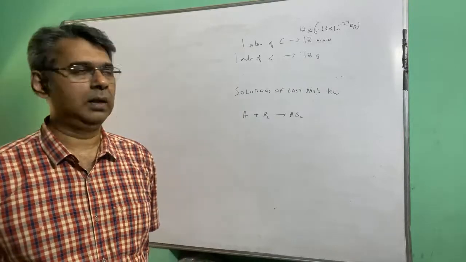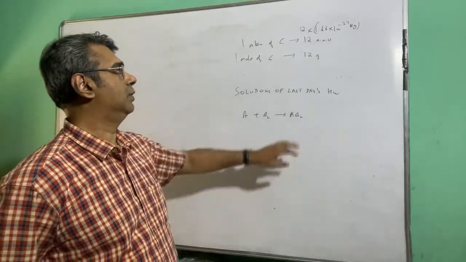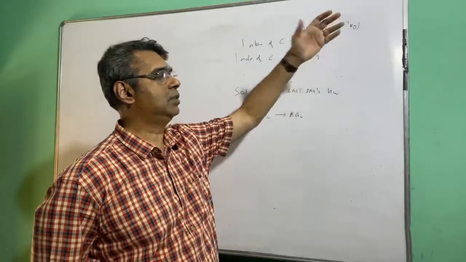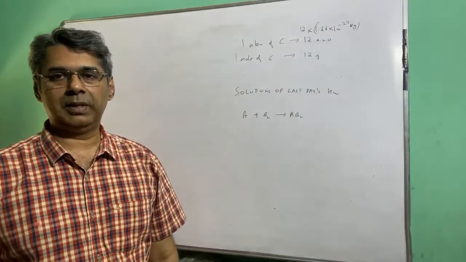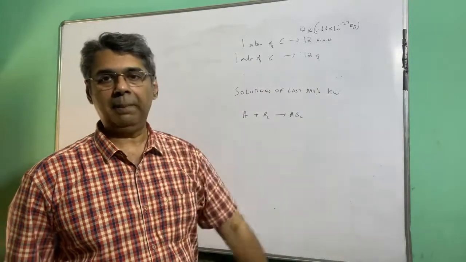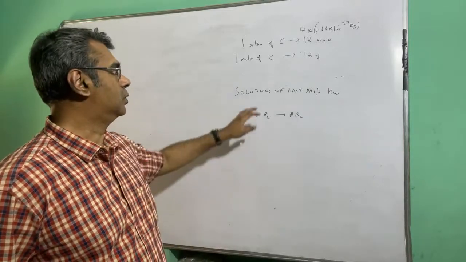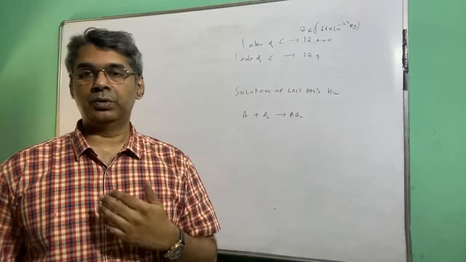It's too small, so we don't find it very convenient to use. If you say 12 AMU, that means 12 into 1.66 into 10 to the power minus 27 kg, which is not very convenient. But if you say 12 grams, then it makes it very clear what the measurement is. So we prefer to use mole.